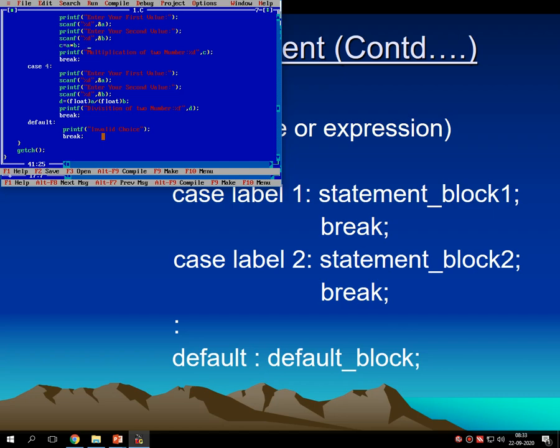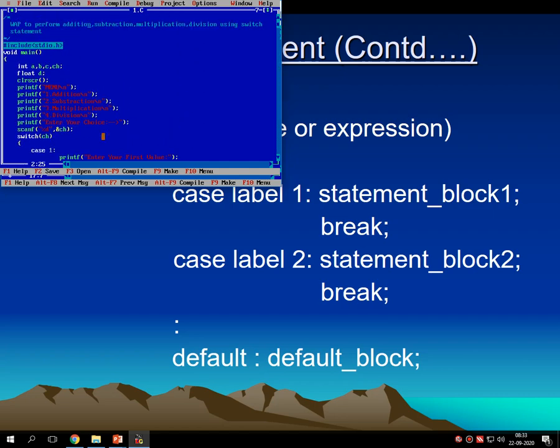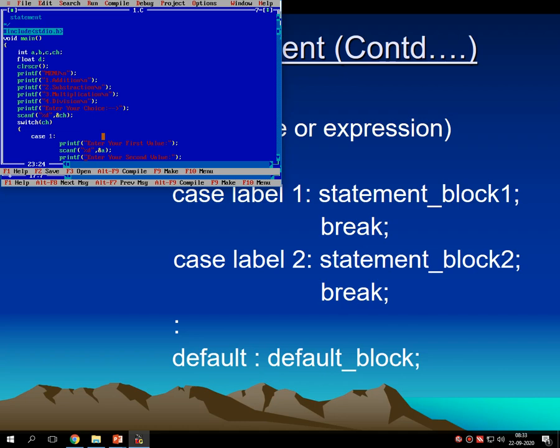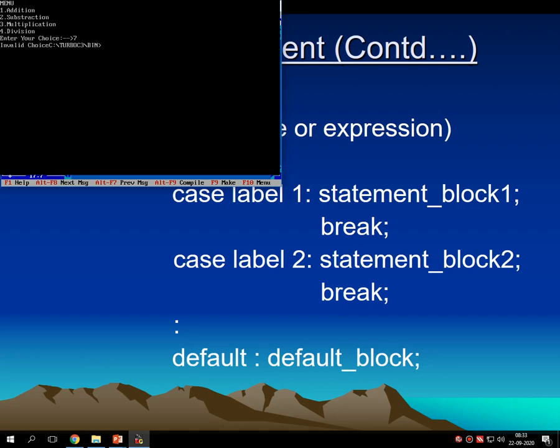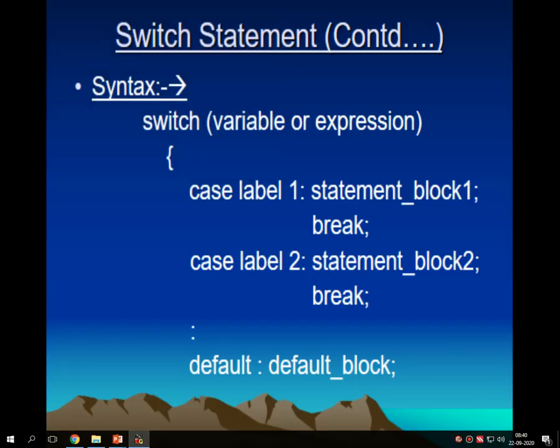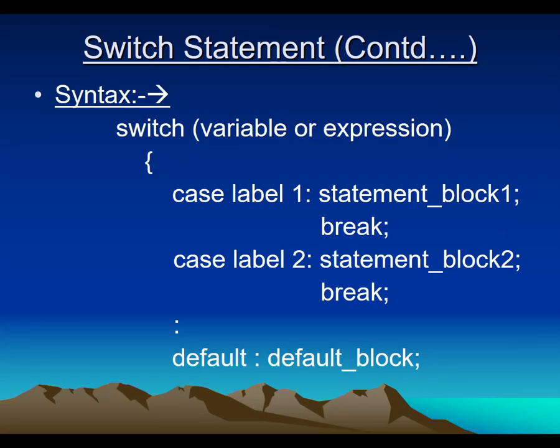So in this way we can go for the switch statement. Now in this switch statement, this ch is the variable or expression, this is case, this is break, that we have observed in the syntactical part of the switch statement. Now let's see this particular program in Notepad for better visibility.